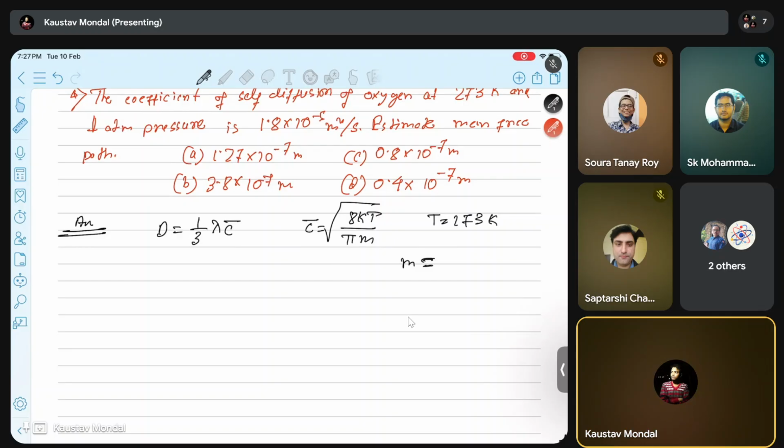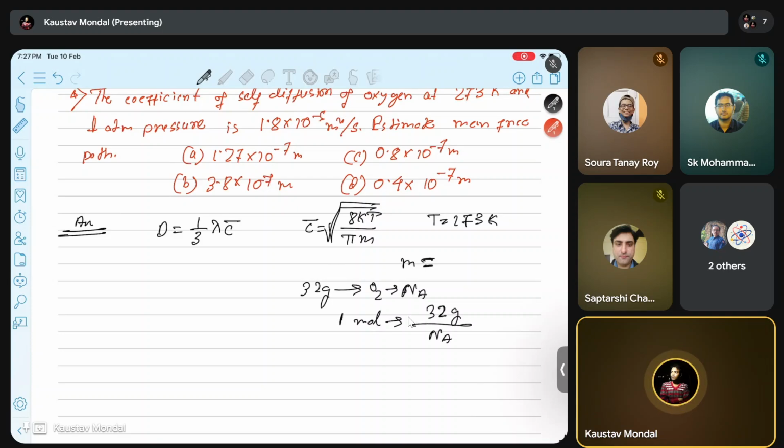We know that 32 gram, that is 1 mole of oxygen, contains Na number of molecules. So one molecule should have mass of 32 gram by Na.